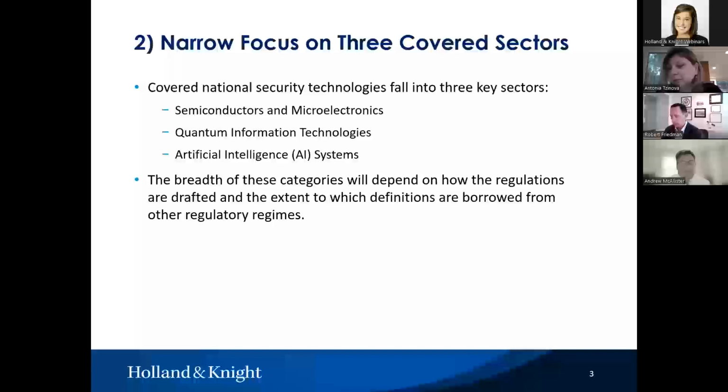So in understanding these key sectors, it's crucial to be cognizant of the export control landscape that contributed to the identification of these sectors.